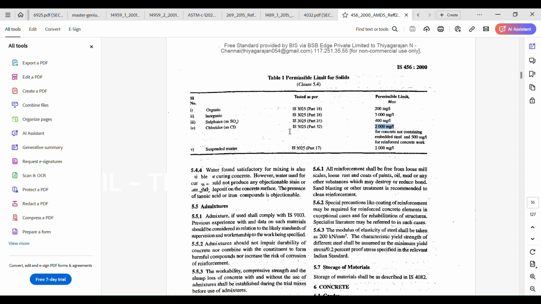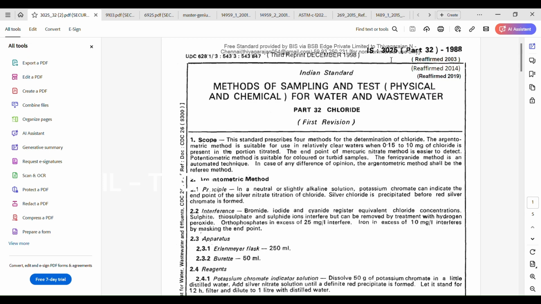And we can do the test as per IS 3025 part 32. So this is the code book IS 3025 part 32, Methods of sampling and test, physical and chemical, for water and wastewater. Part 32 is exclusive for chloride content.